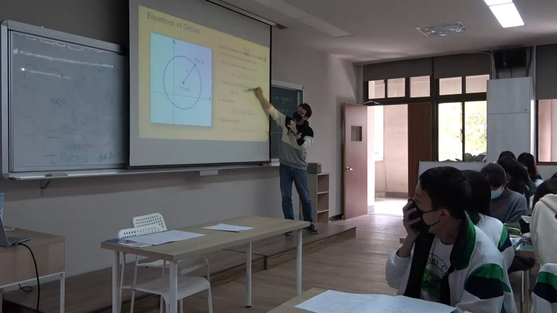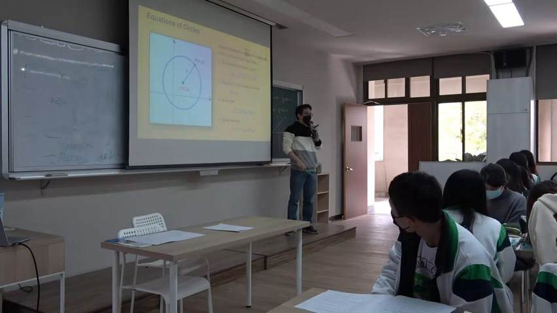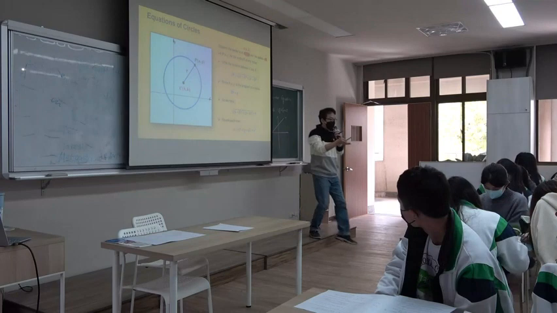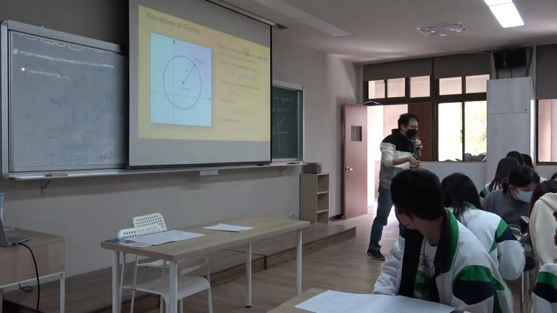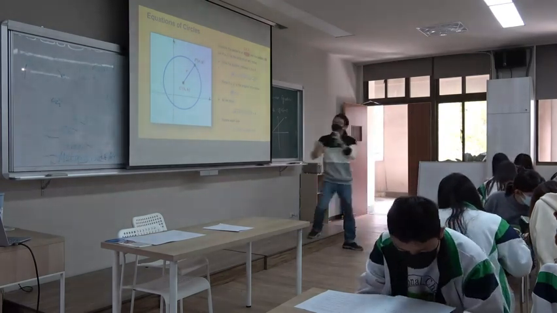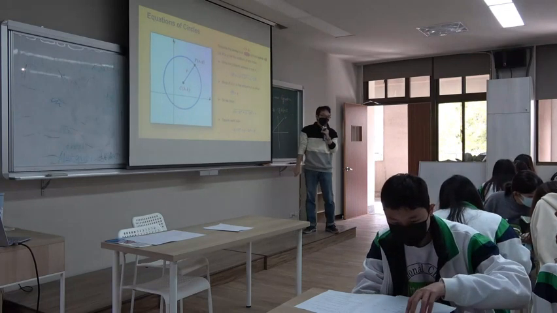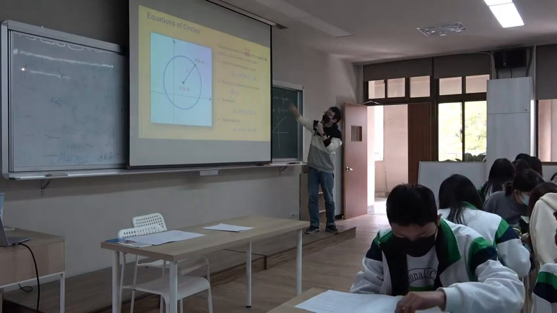Try to rewrite the procedure on your worksheet. Okay? We replace the point with unknown point, h comma k and the radius r.